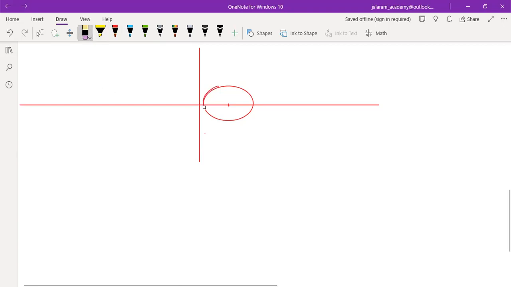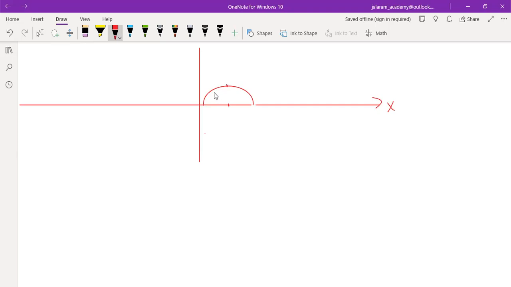Let's draw a smaller semicircle only. And this is the diameter along x-axis. Center is lying on the x-axis. Okay.